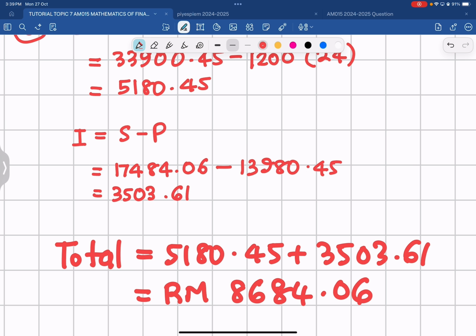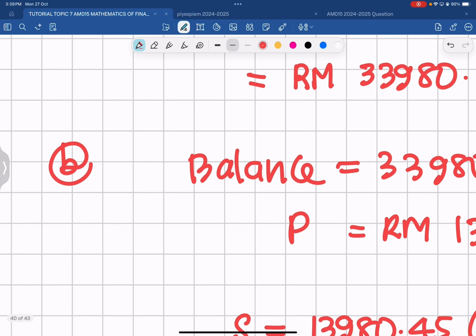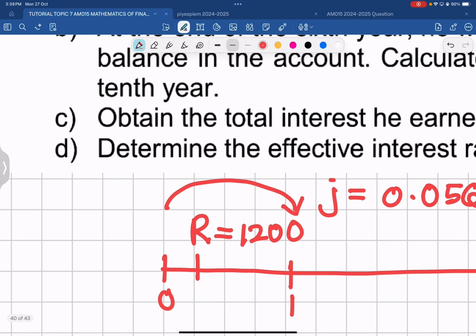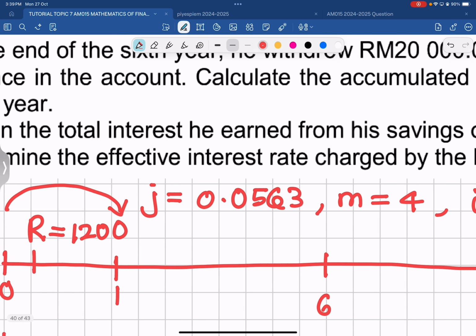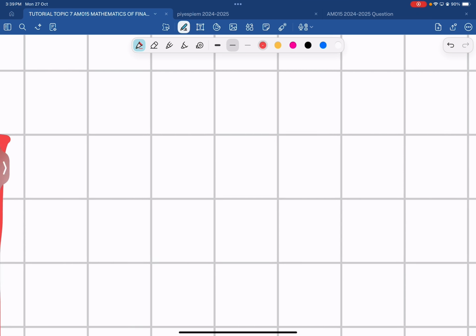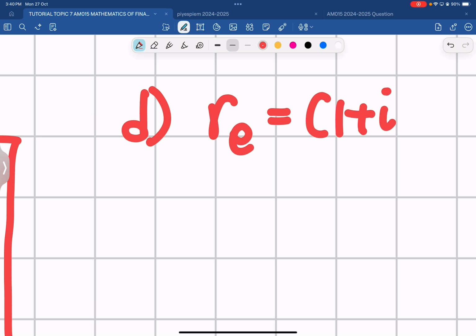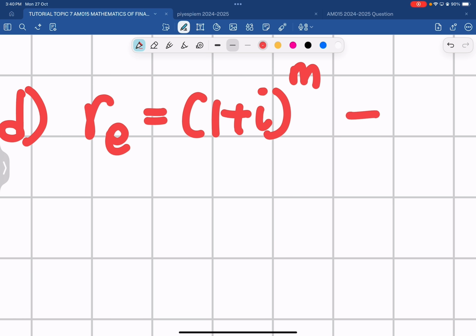Alright, next question. Question D. Soalan D tanya apa? Effective interest rate. What does it mean, effective interest rate? RE. Semua orang tahu kena RE. Apa formula dia, everybody? Kuasa apa? Please remember, jangan buat formula sendiri.